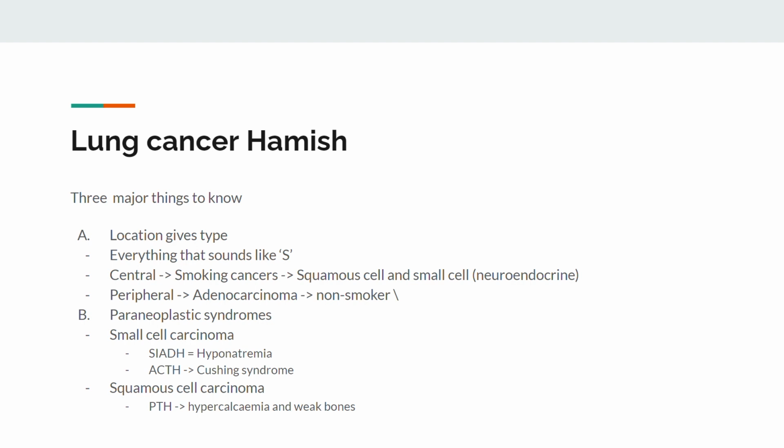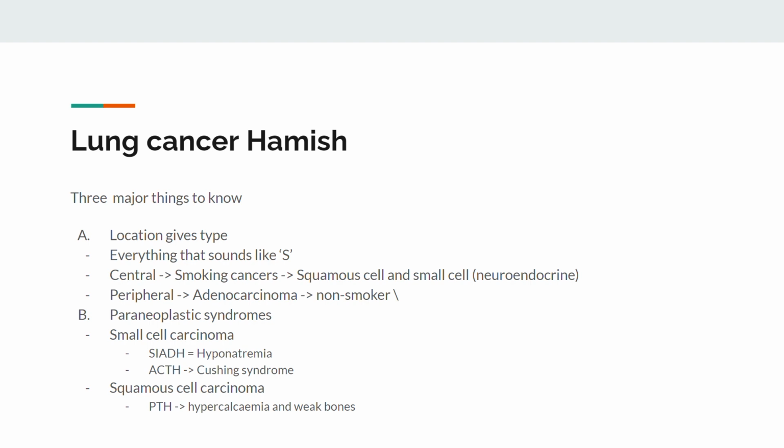So the first one is the location. Location gives the type of cancer that it is. A little thing that myself and Wadir worked out, shout out to him, is that everything that sounds like S goes together. So central, smoking, squamous cell and small cell carcinoma.